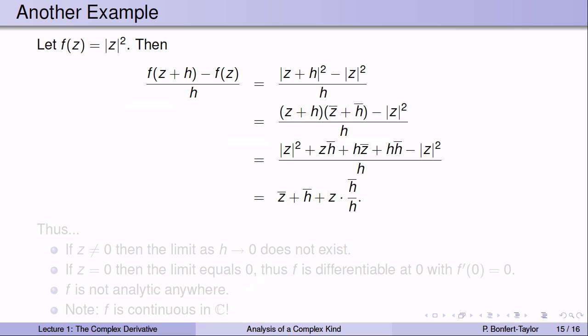Let's look at another example. F of z is the absolute value of z squared. Remember how to find the absolute value squared of a complex number? We had various ways that was defined. One way was to take x squared plus y squared if z was of the form x plus iy.